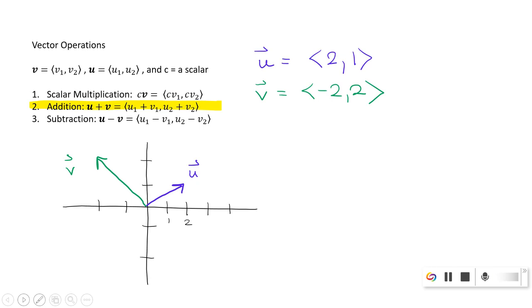If I want to add these two vectors together, what this property is telling me is I just add the corresponding components. So I take 2 plus -2, and that's how I got 0. And then 1 plus 2 gives me 3. So the sum of these two vectors would be 0, 3.